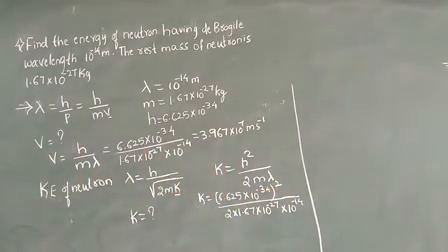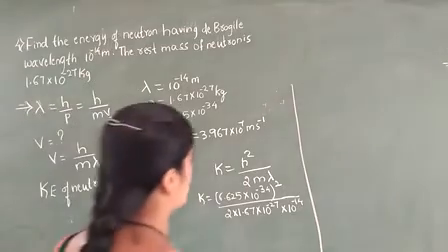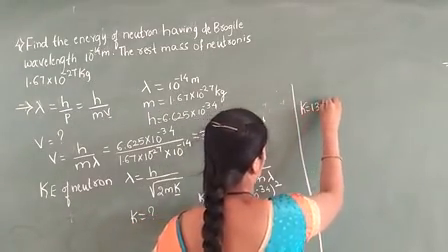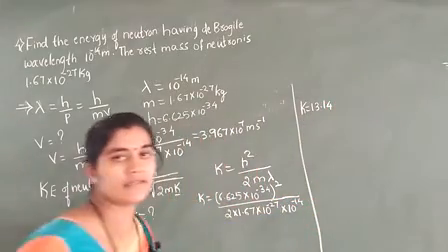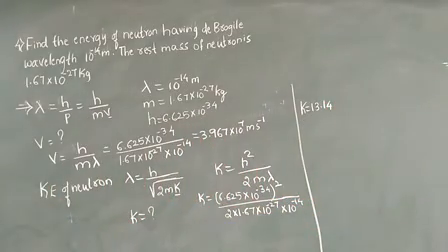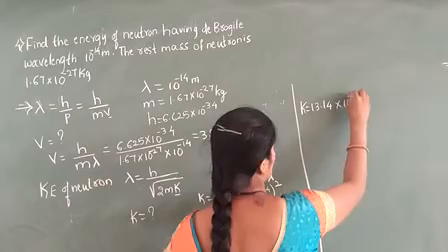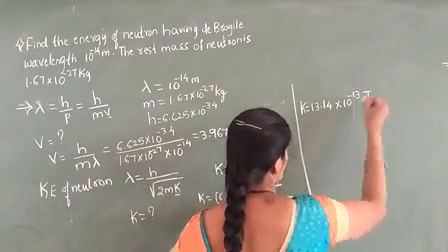Now the calculation part of the k, we are getting k is equal to 13.14. The kinetic energy of a neutron is equal to 13.14 into 10 raised to minus 13 joule.